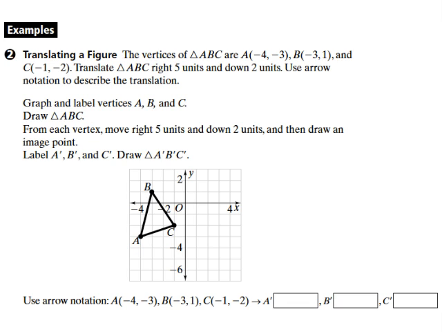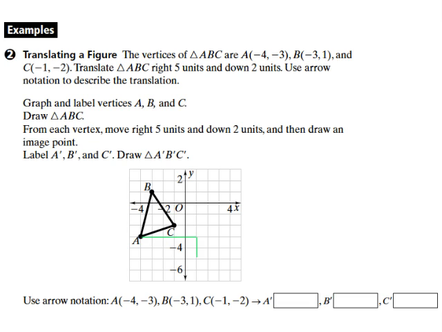So we've already graphed triangle ABC and labeled the vertices. Now we're going to move each one of these points right 5 units and down 2 units. We'll start with A. We move point A right 5 units and down 2 units.